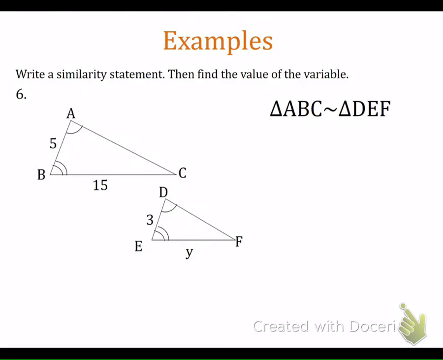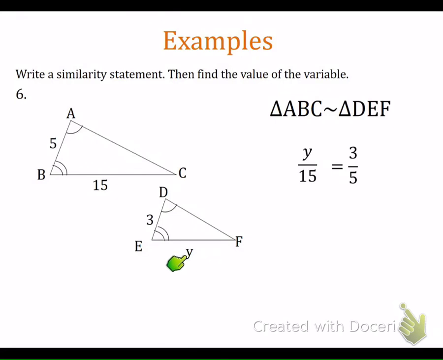Now, how do we find the Y? Yeah, we got to set up a proportion and cross multiply. So 5 goes with what? 3 equals 15 over Y. Good. That's one way to do it. Another way would be, as you see on the board, Y. You can start with the unknown.